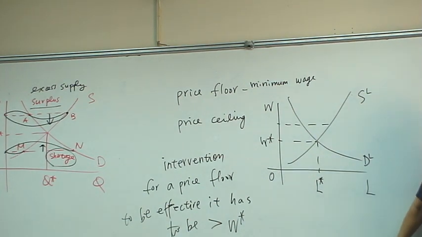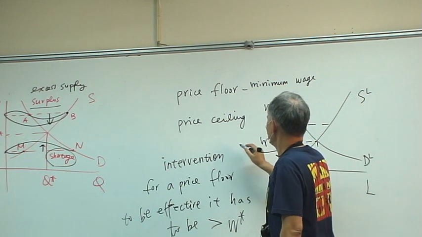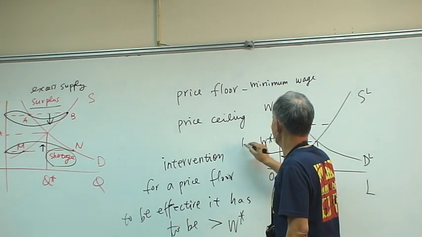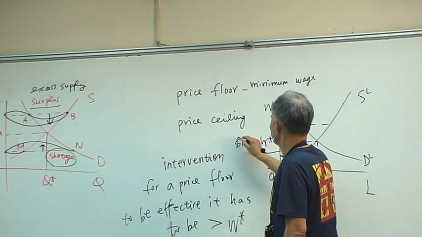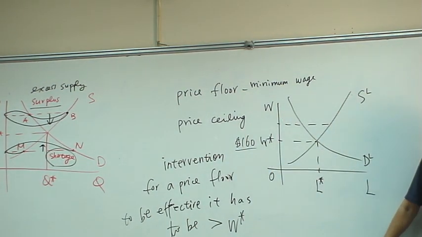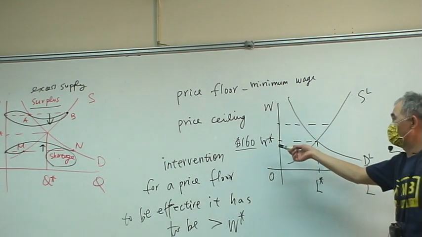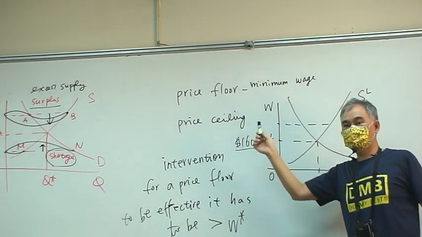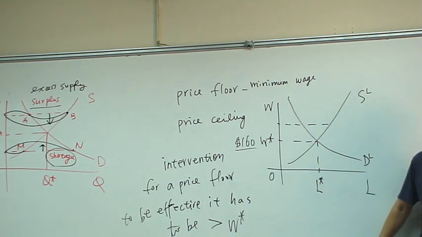So why? Let us say the market rate at this point is $160 per hour, okay? And if the government says we need to increase the living standard of people, it has to be above $160. The reason is quite simple.